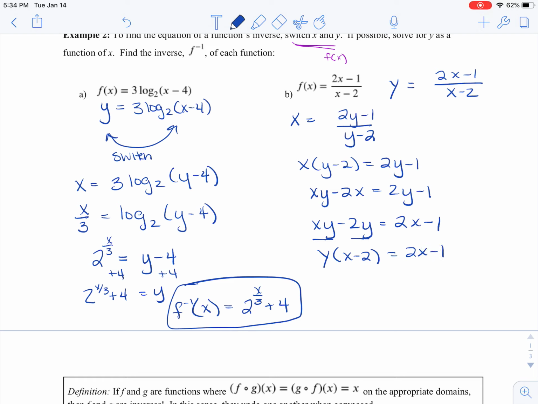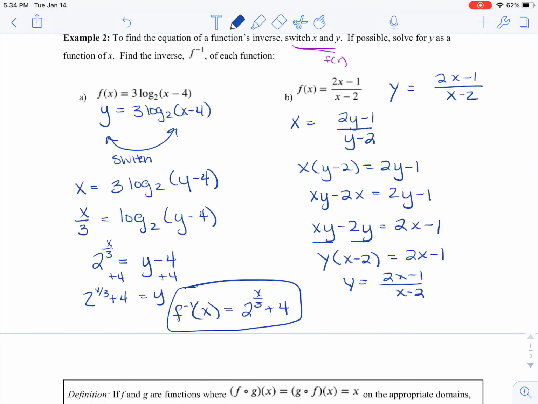And I can now divide by that x minus 2, so y equals 2x minus 1 over x minus 2. And so y, remember, is now our f inverse function, so I can say f inverse of x equals 2x minus 1 over x minus 2.